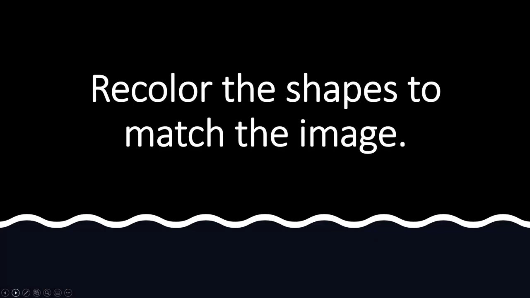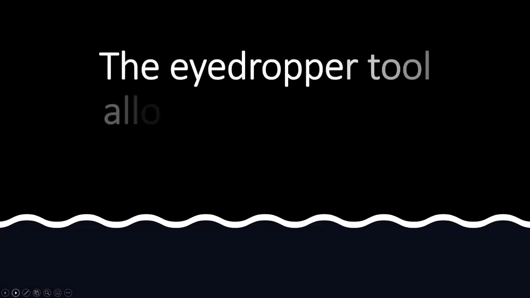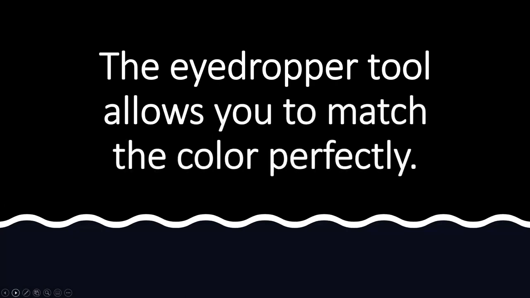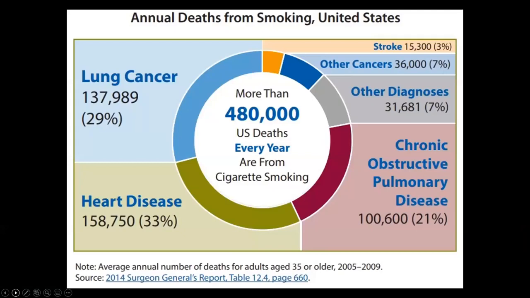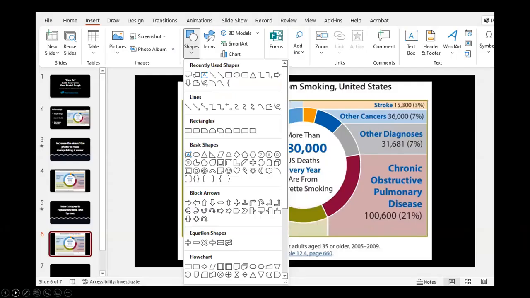Each time you're going to include something here, you're going to recolor the shapes to match the image. And note that the eyedropper tool actually allows you to match the color perfectly. So when you're using PowerPoint, you can go to the shapes icon and you'll have a drop down and you can choose which shape you need to fit into your image.